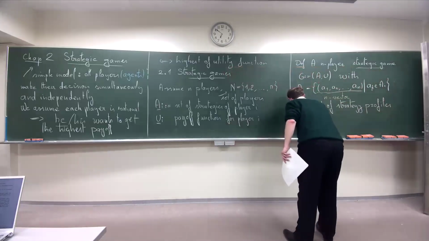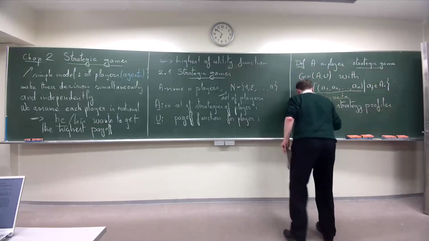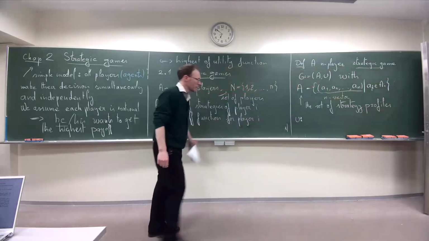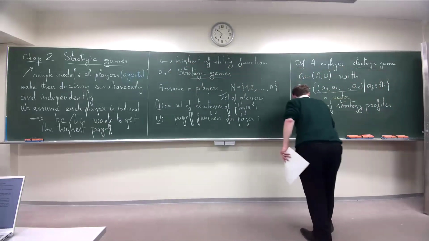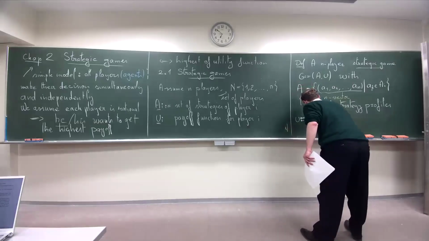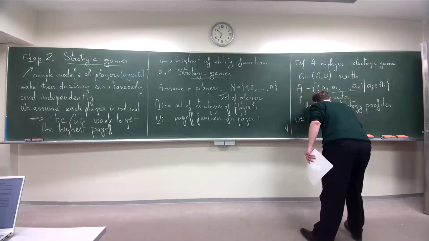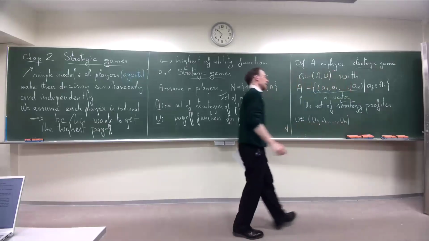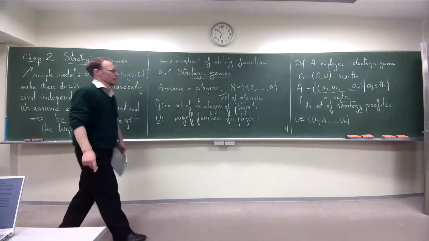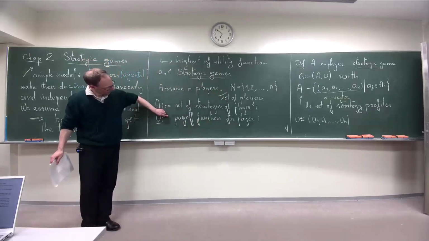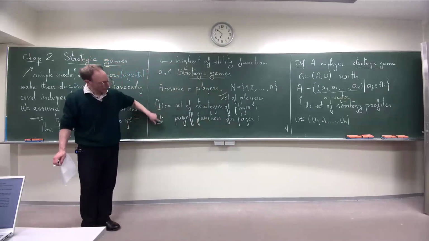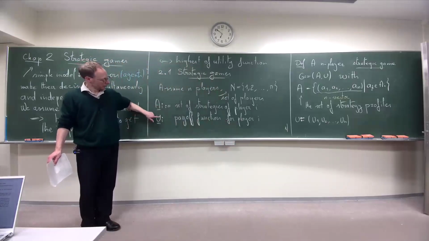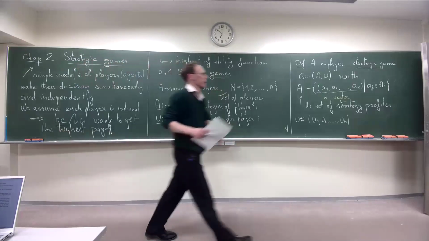And what is U? U is also a vector, made of U_1, U_2, up to U_n. But there is one subtlety. Maybe you have observed that I didn't say, for this U_i, from where to where. I didn't. So you can.